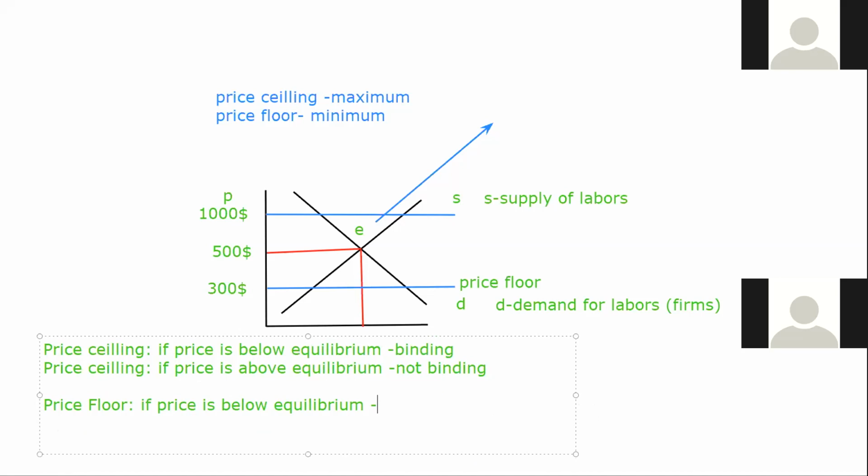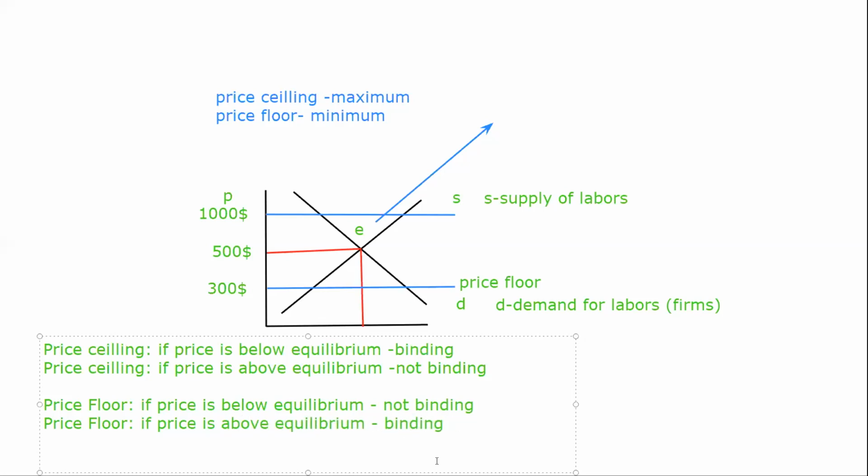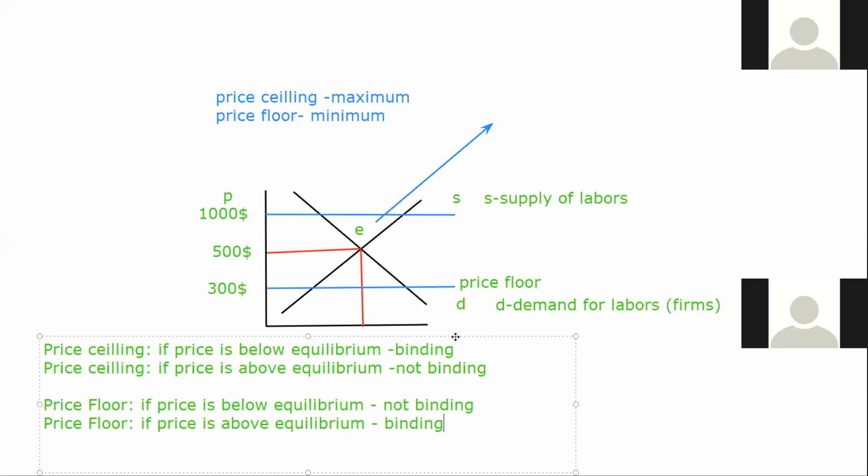Not binding. Very good. Okay, we're coming. Price floor above the equilibrium, and of course, it is the binding case. That's good that you really figured out everything.